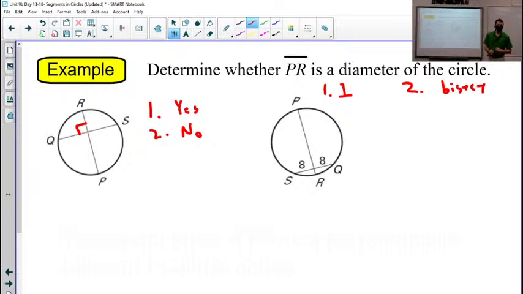On the second one here, we need to be told perpendicular. We need to be told bisector. This time, we are told bisector. We are told that these are both 8. So these two pieces are the same.